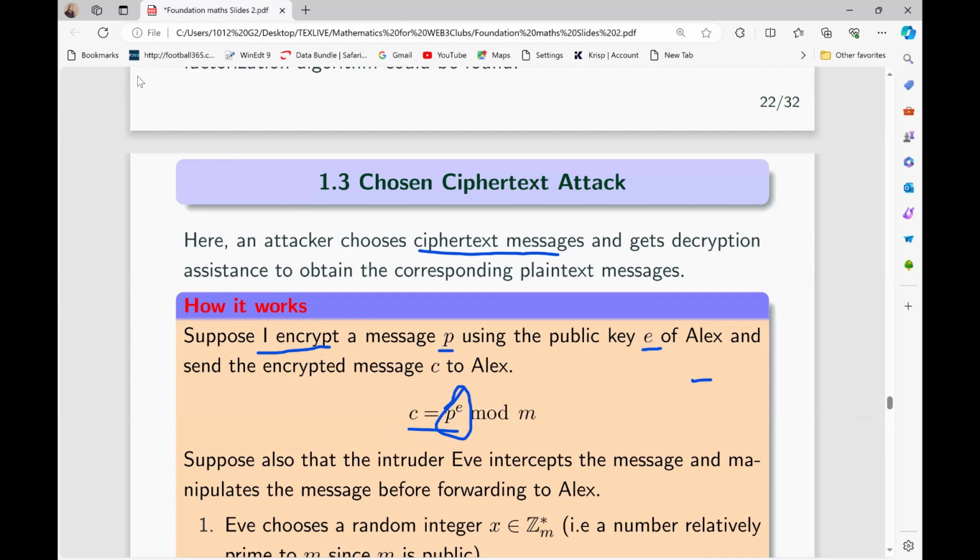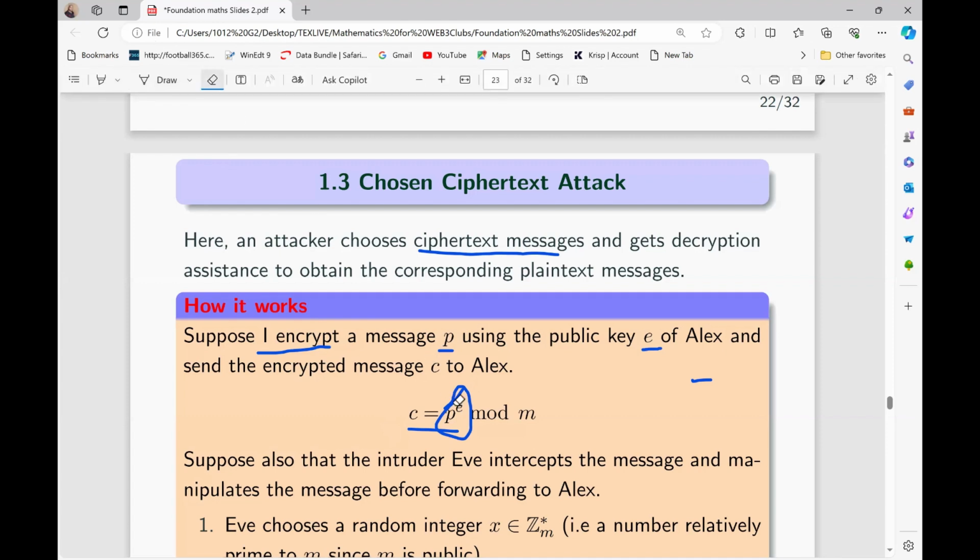But before it reaches Alex, the intruder gets hold of it.